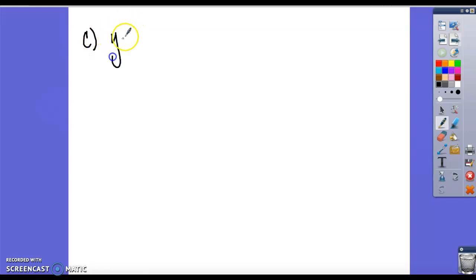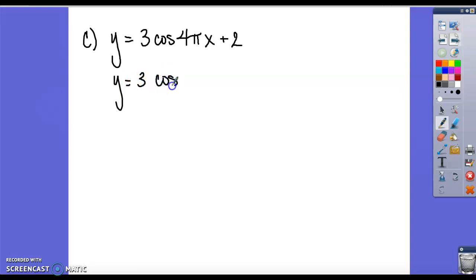Okay, letter C. I have y equals 3 cosine 4 pi x plus 2. To write it in standard form, the first thing I need to do is factor out the number in front of x.